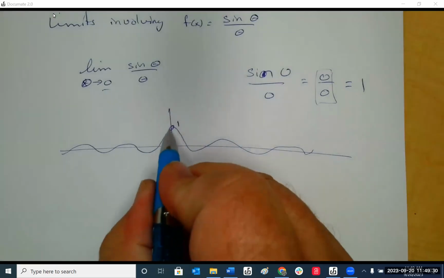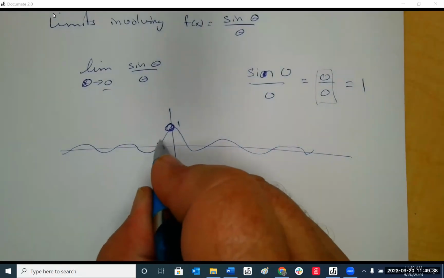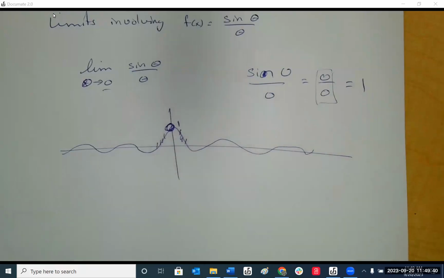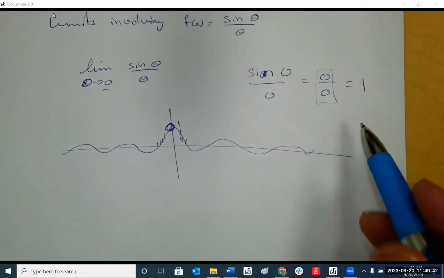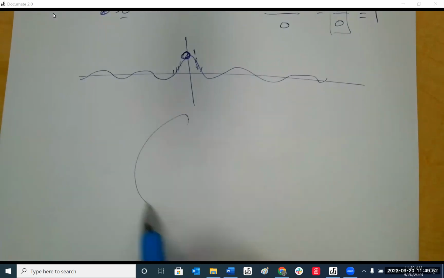It's an open circle there. But because of the two-sided limits, they both approach which value? 1. Because of that, there's a whole proof of this using the sandwich theorem and the trigonometric identities of a unit circle.